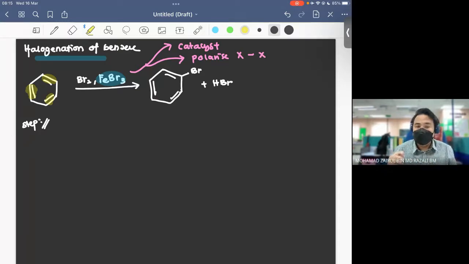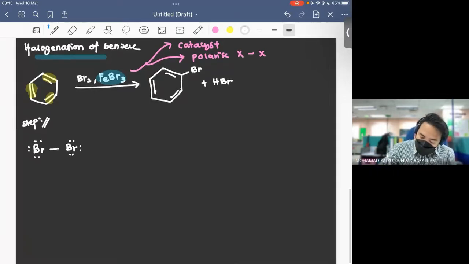Okay, so how we going to create a separation of charge by using Lewis acid tu? Apa yang kita akan buat adalah, okay, let us draw the Lewis structure for the bromine molecule with the lone pair. So, kita ada Lewis acid.